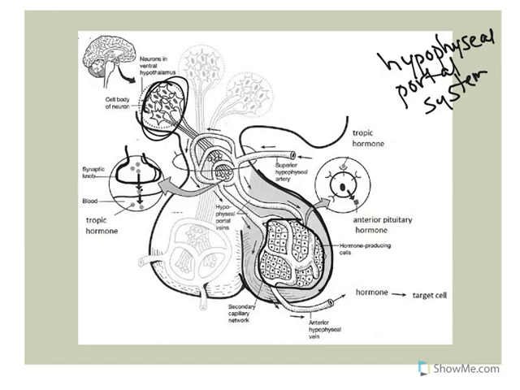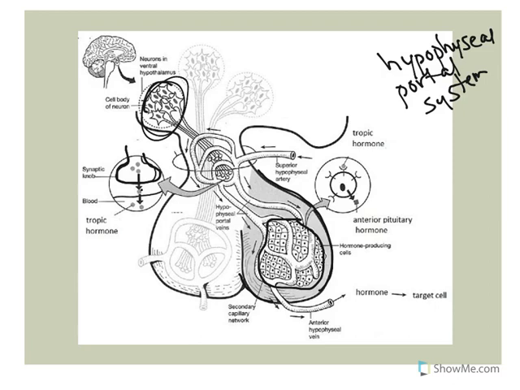A portal system means that a capillary bed will pull into another capillary bed through veins without first going to the heart. Because typically blood will go from the arteries to the capillaries to the veins back to the heart. Well, here we're going from capillary bed to capillary bed without first going through the heart.